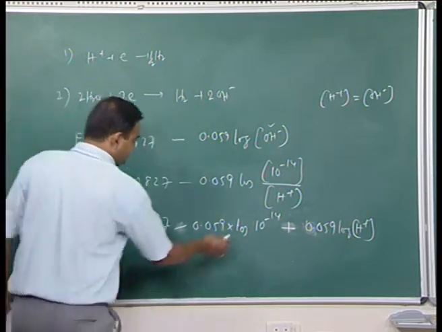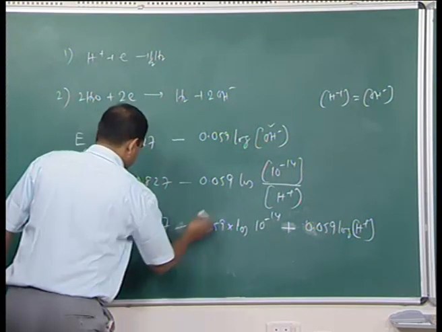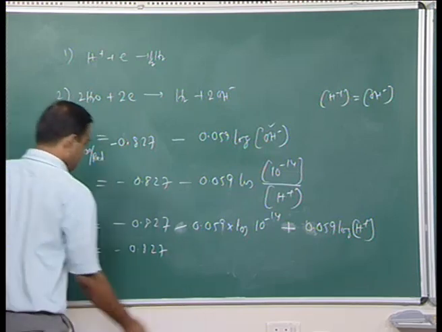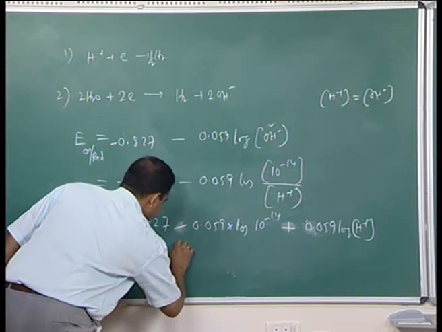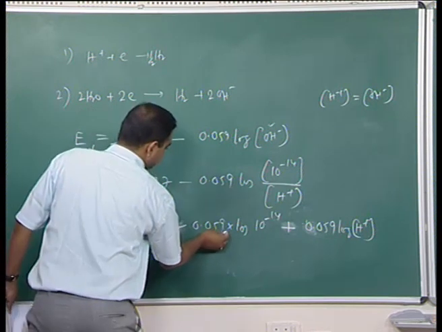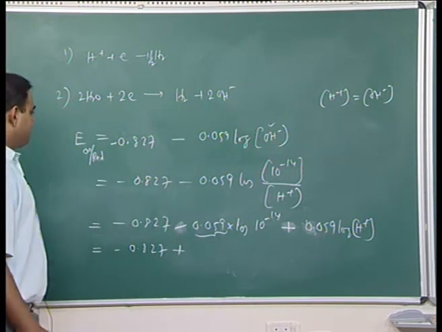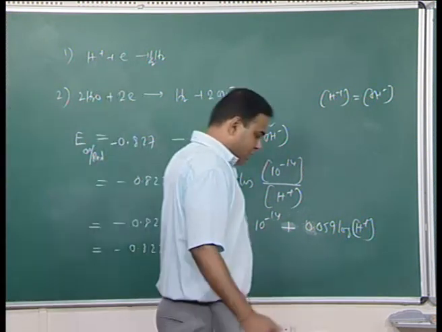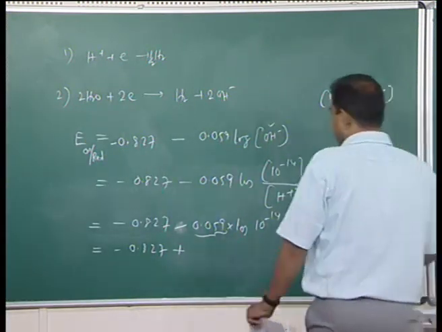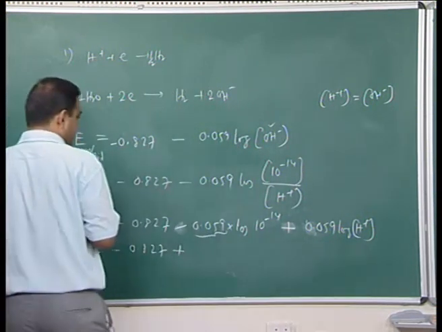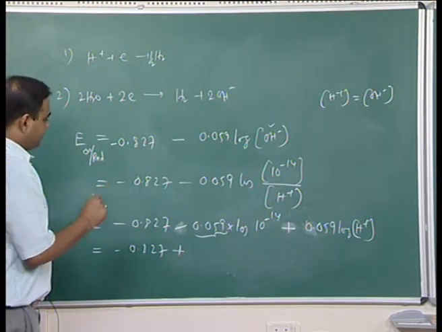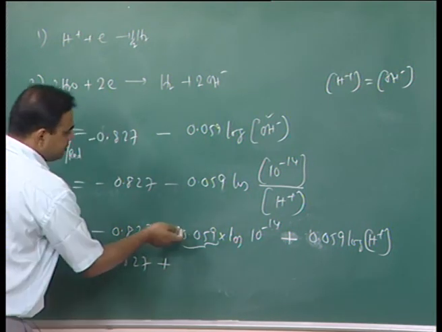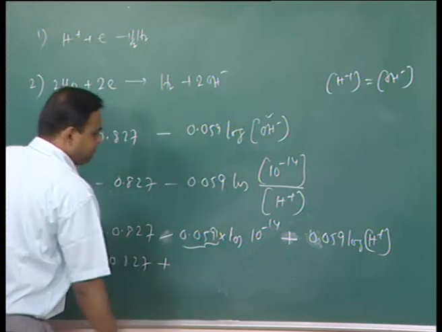Now if you take this, you will see that though we have taken 0.059, actually this value is coming from 2.303 RT by F, and if you put the values at 25 degrees Celsius, you would see that this is actually 0.0591.